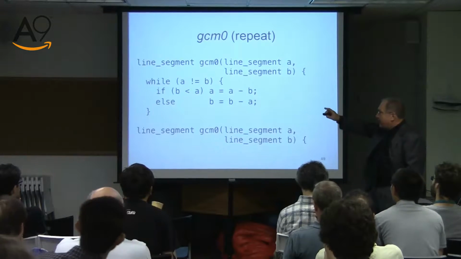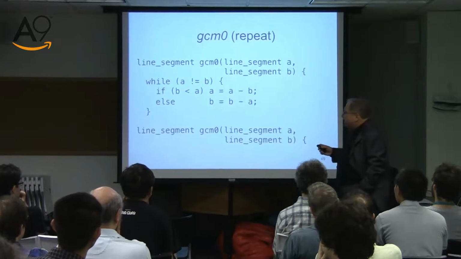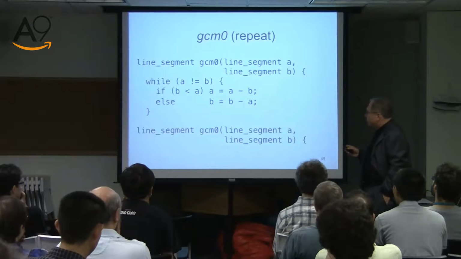Remember, we had a while true loop and then trichotomy-based code, where if things are equal, we return. If one is greater than the other, we subtract the smaller from the greater. And we keep going and going and going. Right? So here there is a simple change, and it appears to be slightly incongruous.